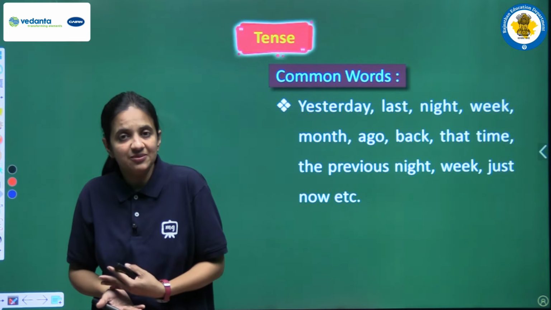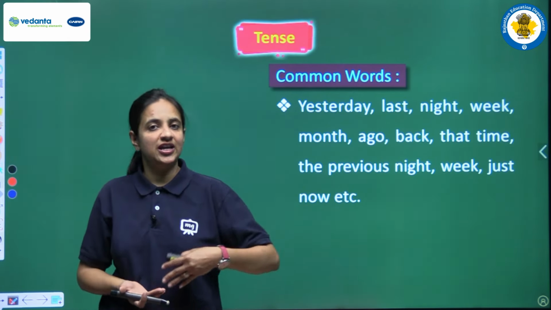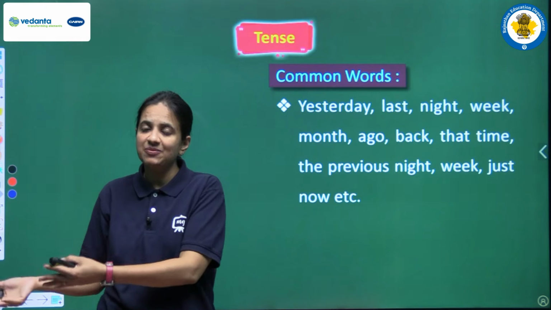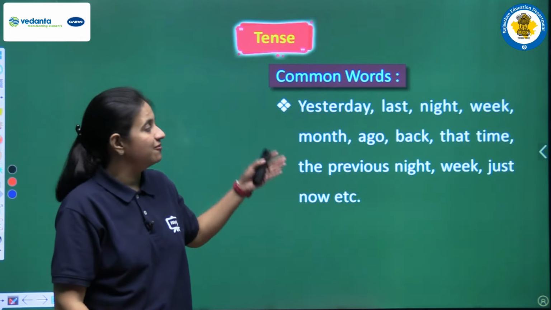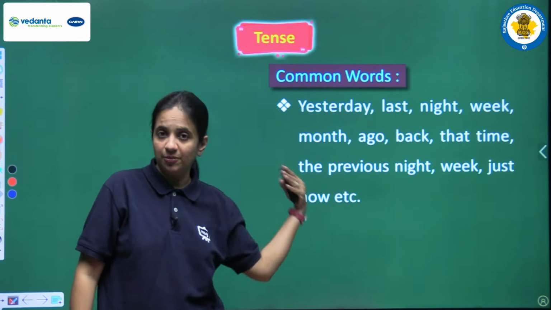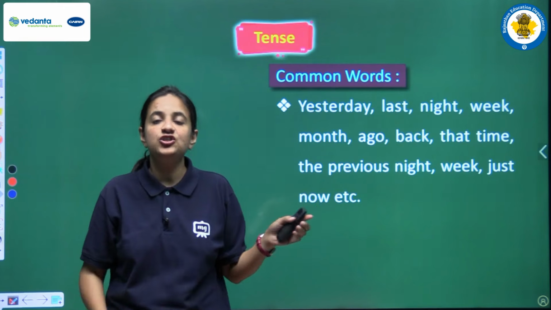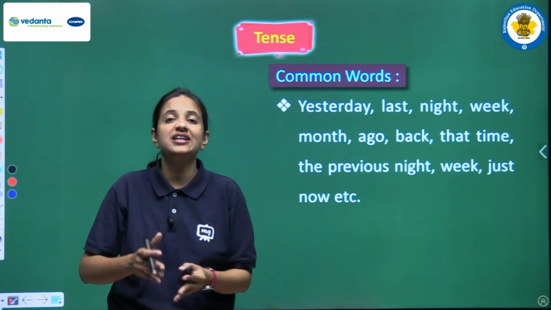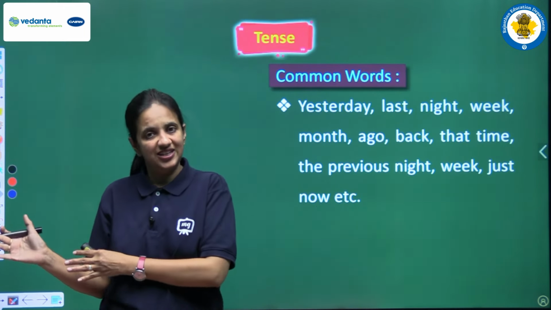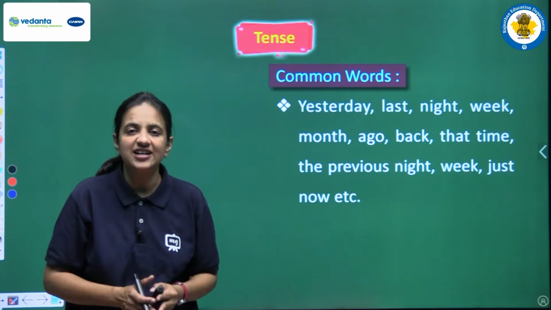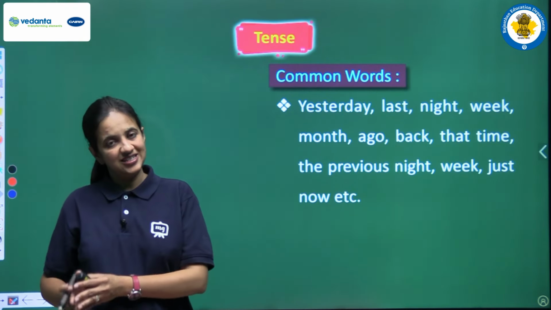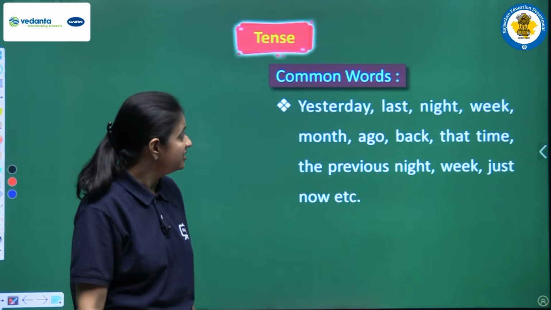Past simple tense is basically used to show the events that actually happened in the past, and this is the reason we are having all these words as common words. So these are some common words that are used in past simple tense.